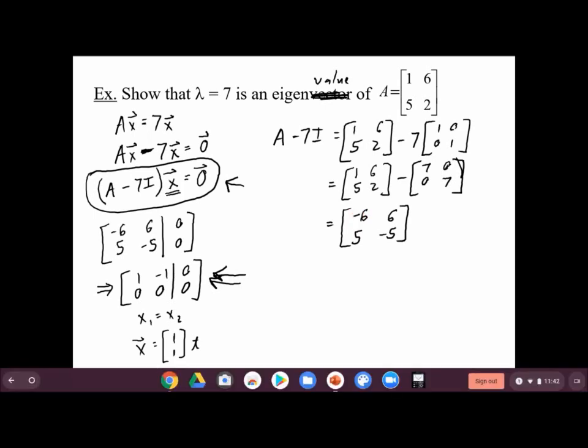Now, when we solve this equation, A minus lambda I equals 0. Sorry, that's a typo also. This should be A minus lambda I times x equals 0. That's what we were solving there. We solved this homogeneous equation, and what I want to point out is that what we found was the null space of the matrix A minus lambda I. Because, remember, the null space describes all solutions of the homogeneous equation, and that's what we did.